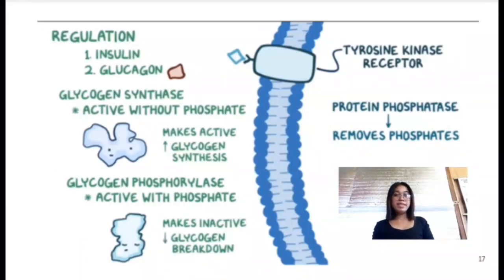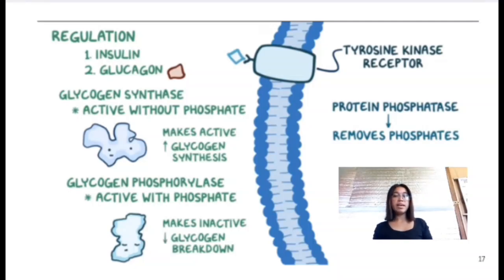Glycogen metabolism is primarily regulated by 2 pancreatic hormones, insulin and glucagon. Now, a general rule of thumb is that glycogen synthase is active without phosphate, whereas glycogen phosphorylase is active with phosphate attached to it.